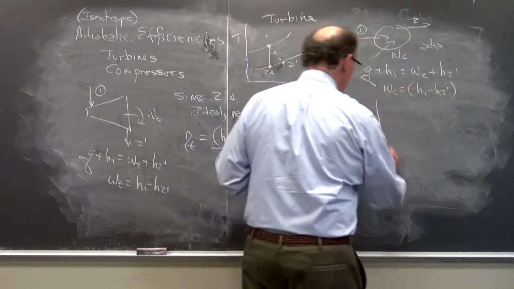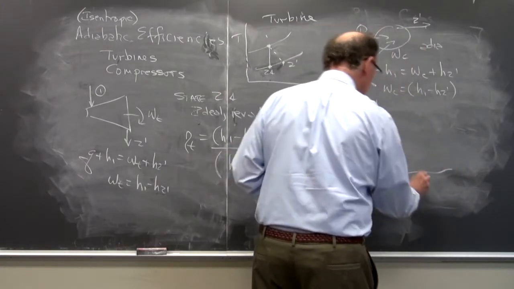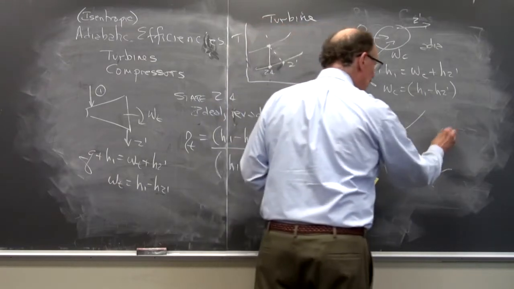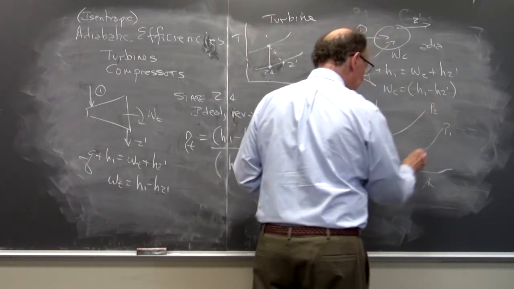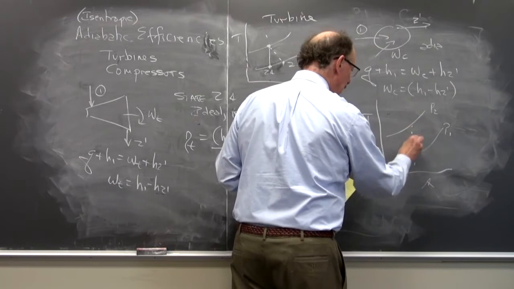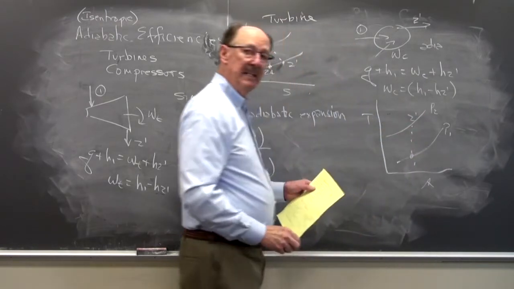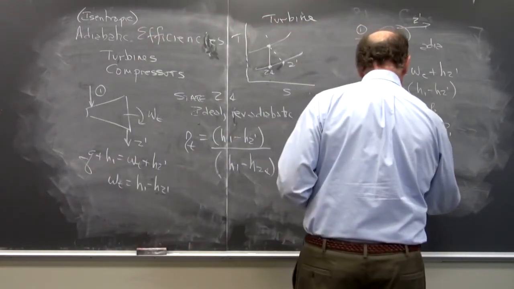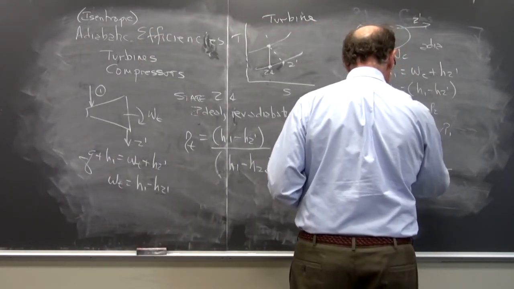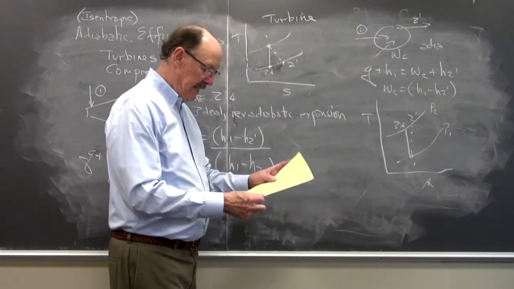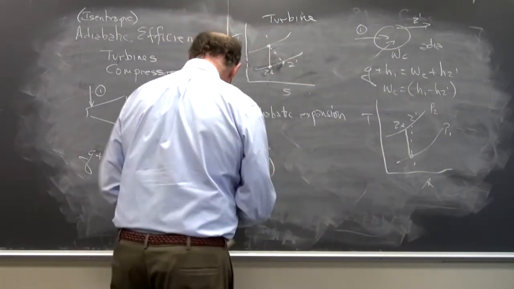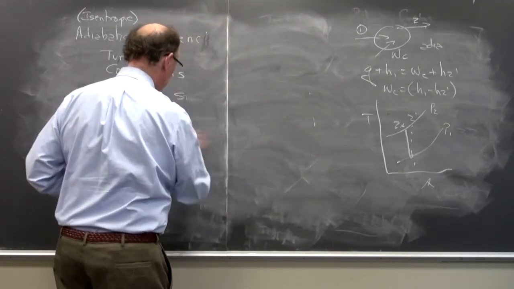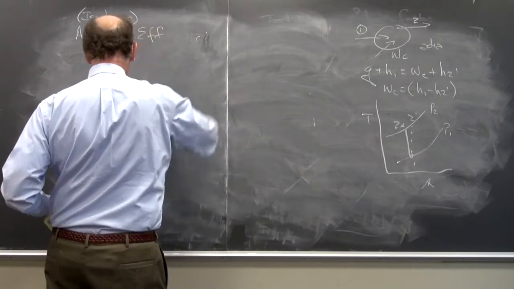If I look at the TS diagram for this, we're going from P1 to P2. We're starting at state 1, going to state 2 prime, and this is the actual conditions. And now we say H2S, or state 2S, is up here, and the adiabatic efficiency is the ratio of the actual and the ideal.